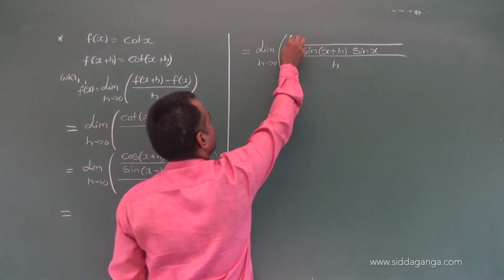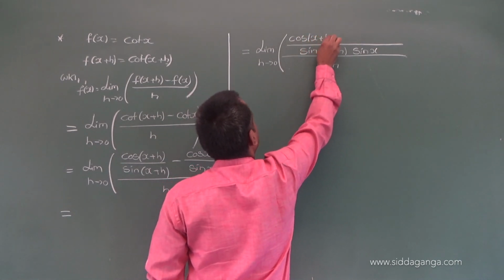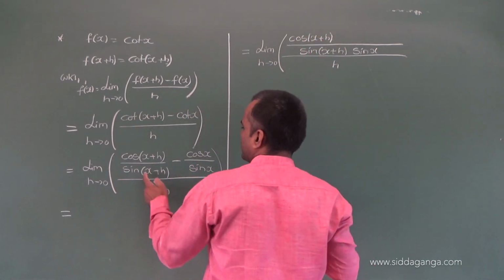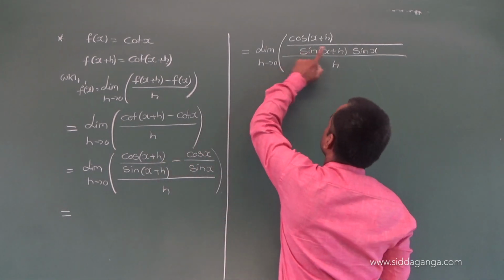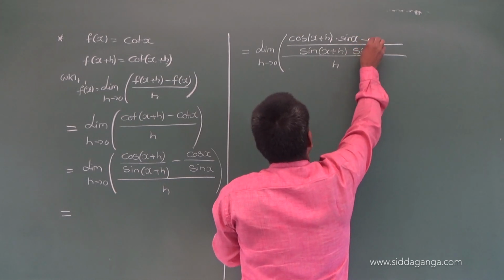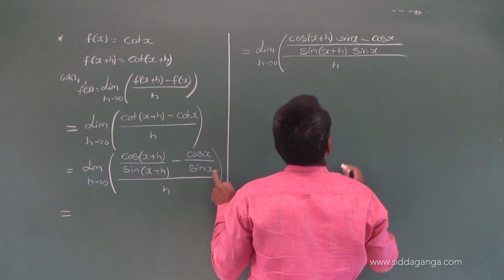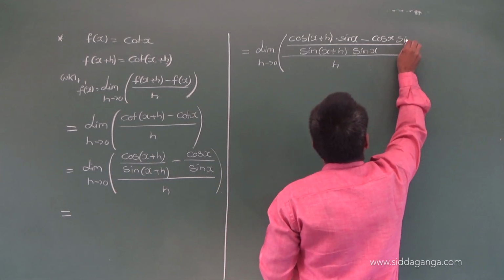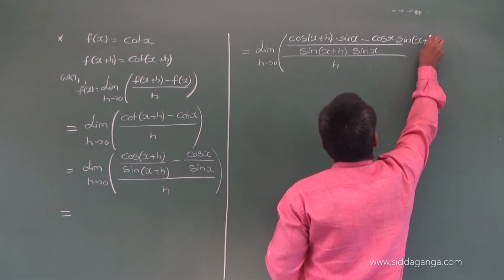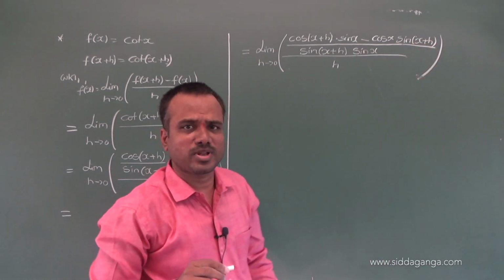Cos(x plus h) into sin x, since sin(x plus h) gets cancelled into sin x, minus cos x into sin(x plus h), since sin x gets cancelled into sin(x plus h).